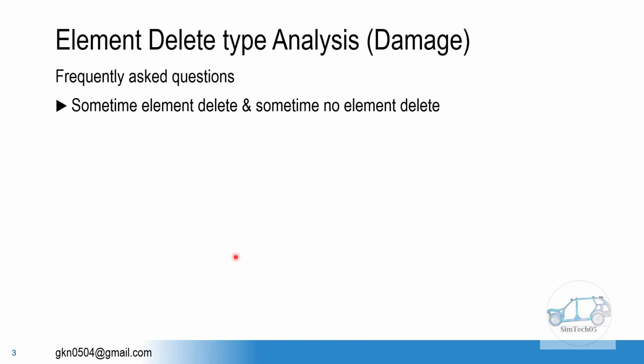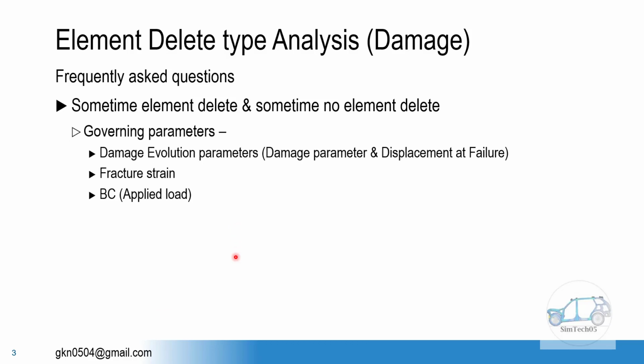The first question: sometimes element deletion occurs and sometimes element deletion does not take place. What is the reason behind that? Personally, what I understood is that there are two major things: one is the governing parameter and the other is the observing parameter.